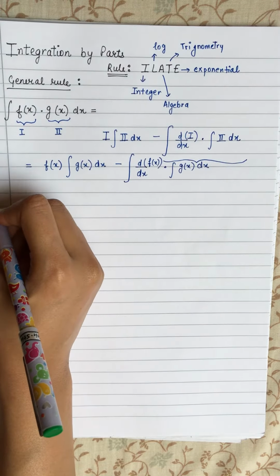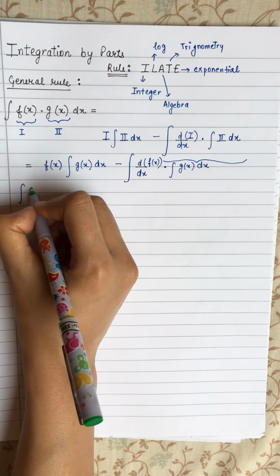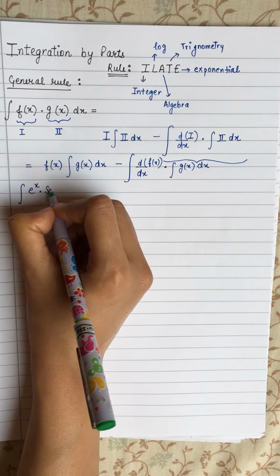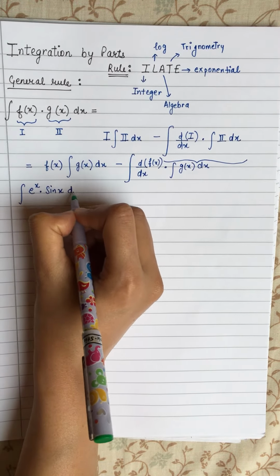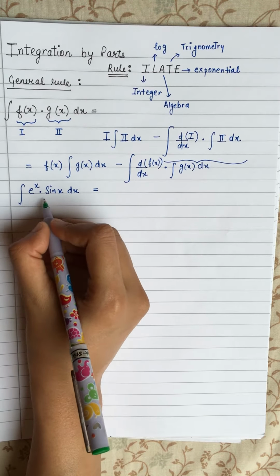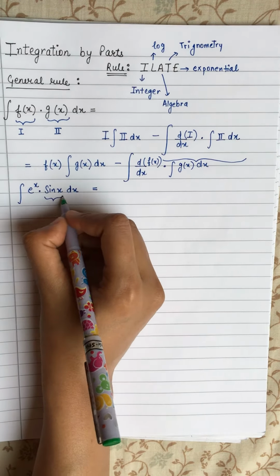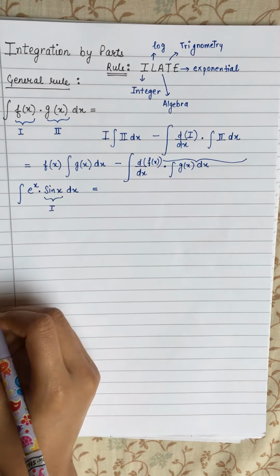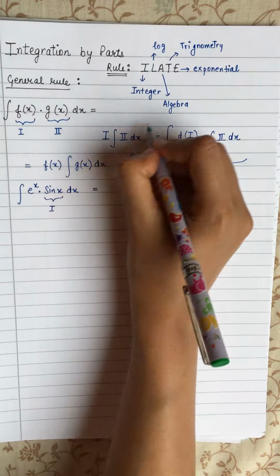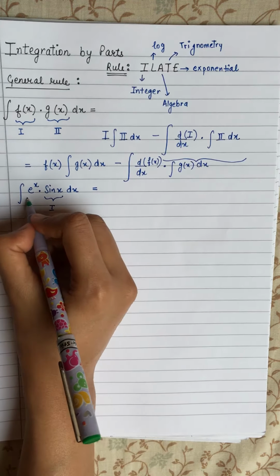Let's do one example. Let's just say we have to integrate e^x into sin x dx. Here who will be our first function? Our first function will be the trigonometry function, because this is trigonometry, so this is the first function. This is exponential, so this is coming at the back of trigonometry, so this is our second function.